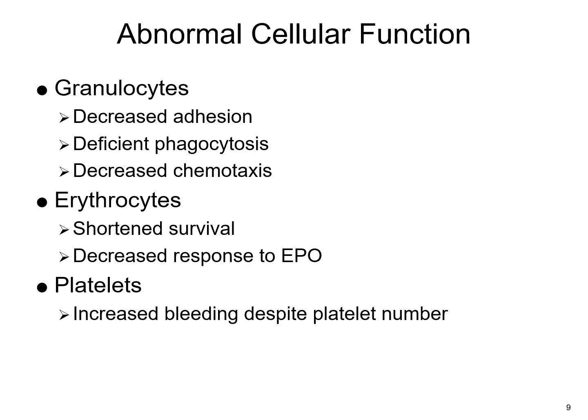Now your red blood cells can exhibit a shortened survival. Your erythroid precursors can have a decreased response to EPO, and because of that decreased response to EPO, that's going to contribute to an anemia. Your patients could experience increased bleeding despite there being an adequate number of platelets.